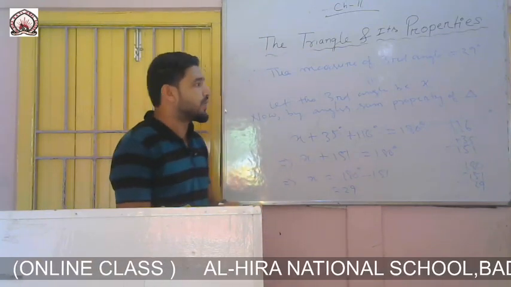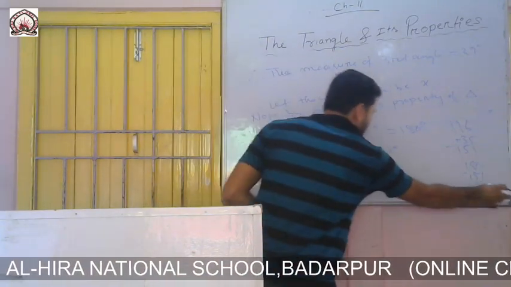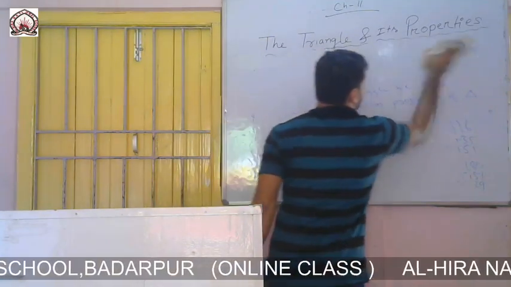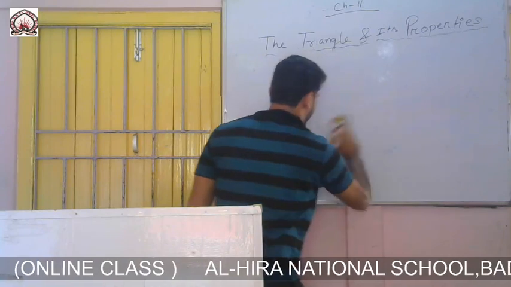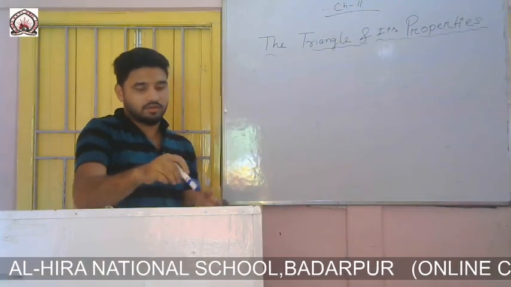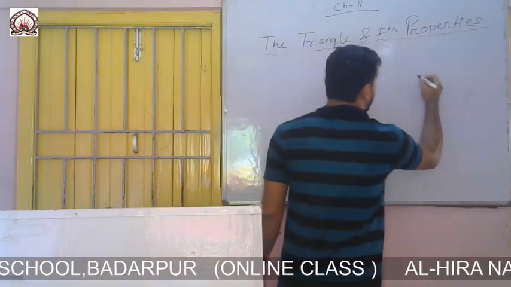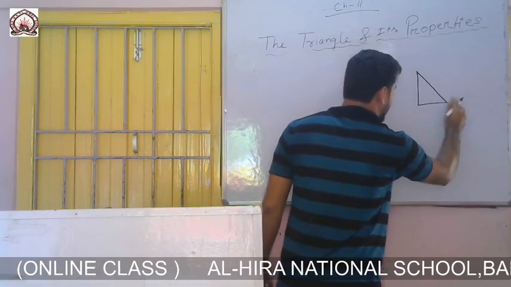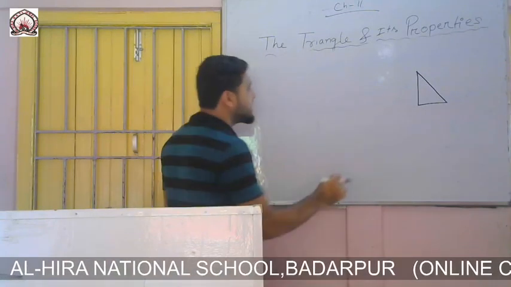You see, this is a right triangle. It is given in the question that the triangle is a right triangle.